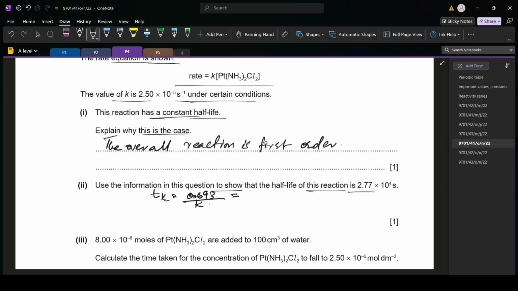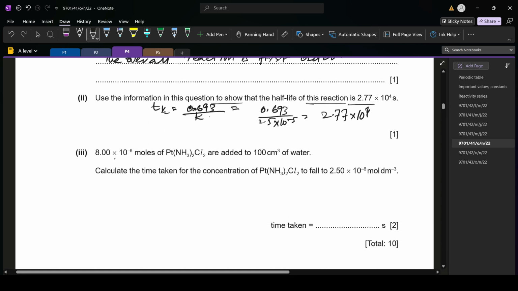You have to remember these formulas of half-life. So 0.693 divided by k. You are given the value of k, which is 2.5 × 10^-5. So you will get the answer of 2.77 × 10^4. Okay, hence shown.